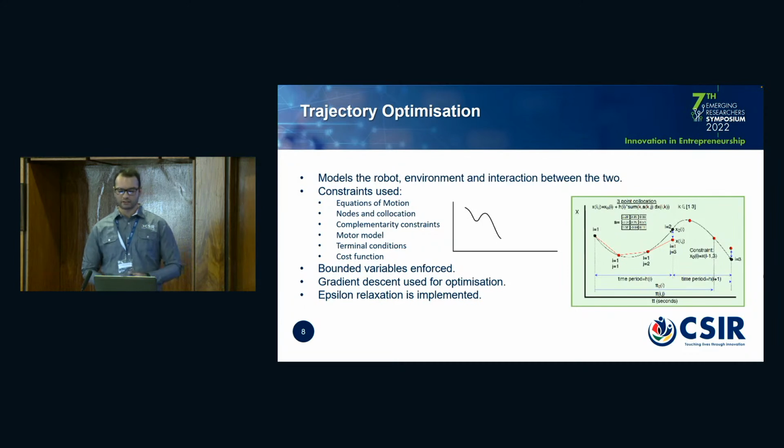The complementarity constraints are only applied to the contact model. These include friction, foot slipping, and ensuring that the ground reaction force is only applied when the foot is actually on the ground. Other constraints such as the motor model, terminal conditions, the cost function, and bounds are then also applied. The optimizer uses gradient descent to optimize each of the variables.